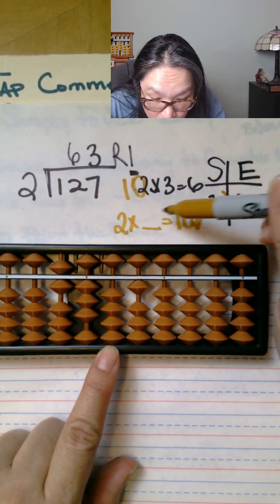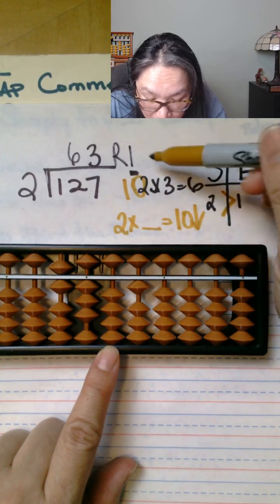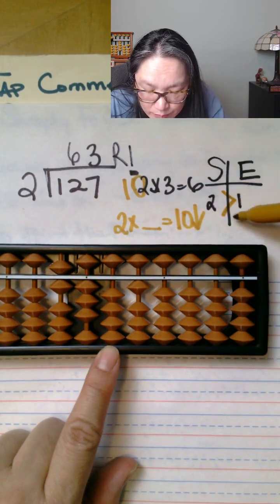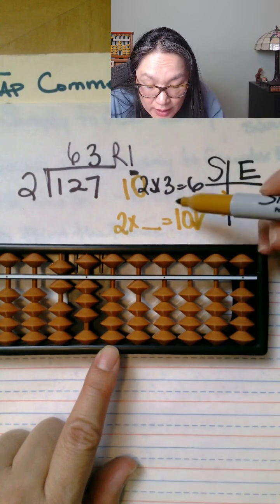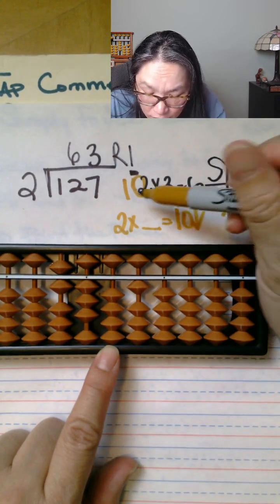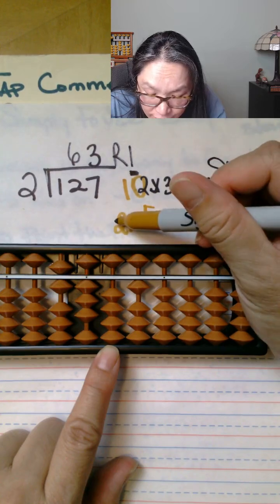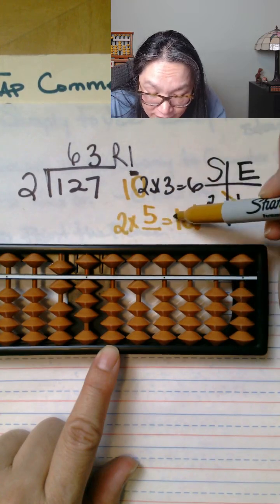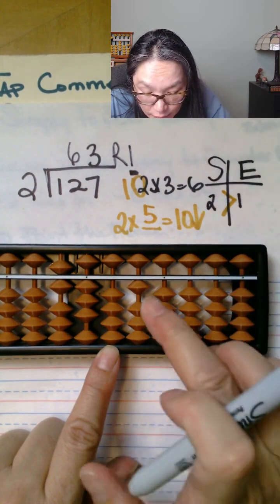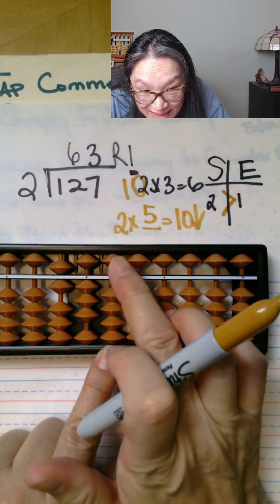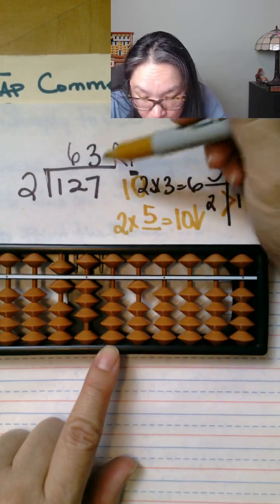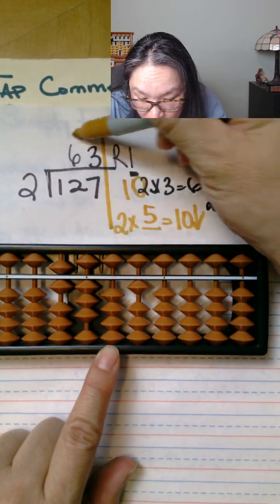So because the divisor is bigger, I'm using 2 columns. The imaginary 0, so we know that 2 times 5 is equal to 10. So I put my 5 in the tenths column, because remember, I've already finished everything here, right?